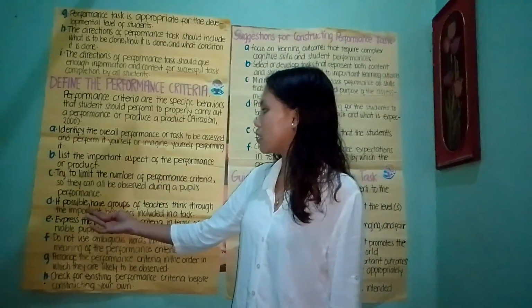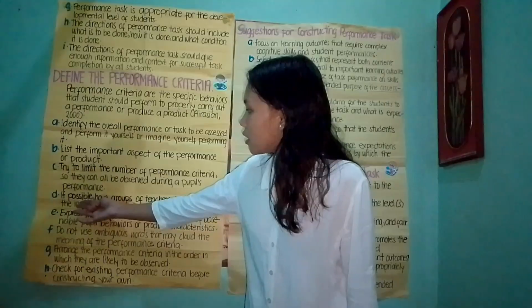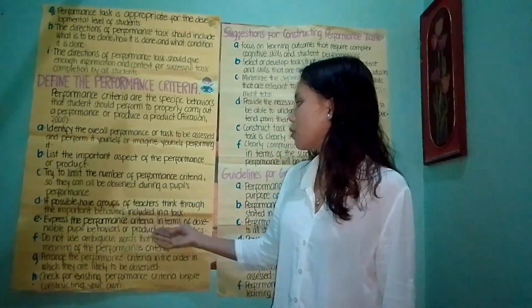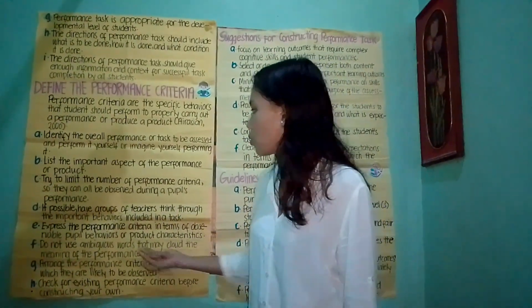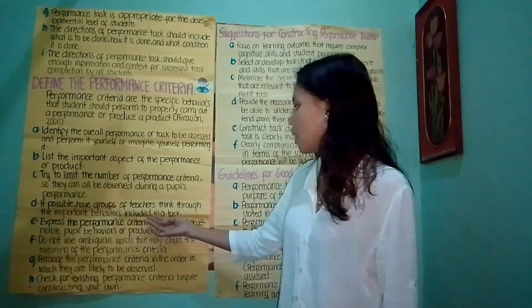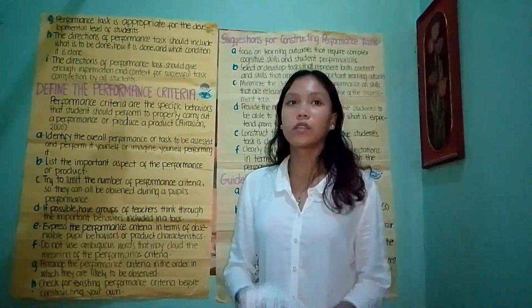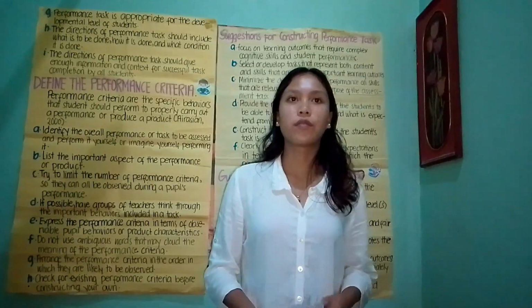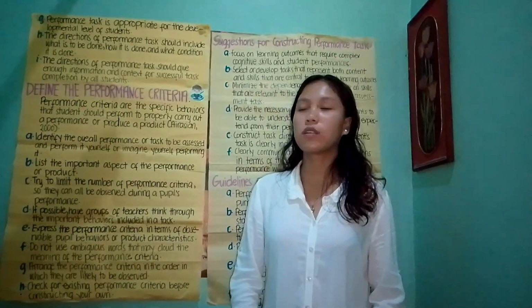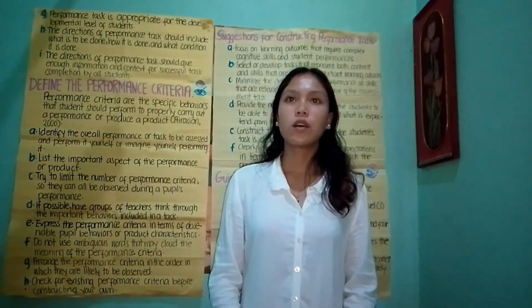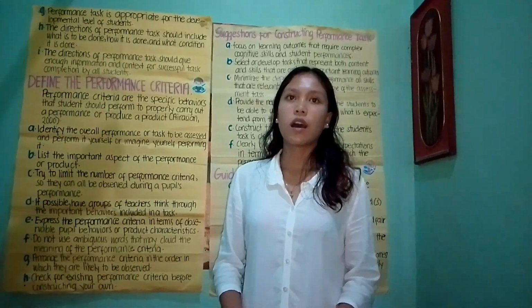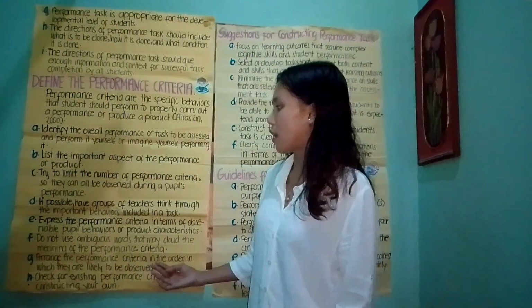Letter D, if possible, have groups of teachers think through the important behaviors included in a task. So letter D is if possible, include other teachers to discuss what behaviors or actions are important for the task.